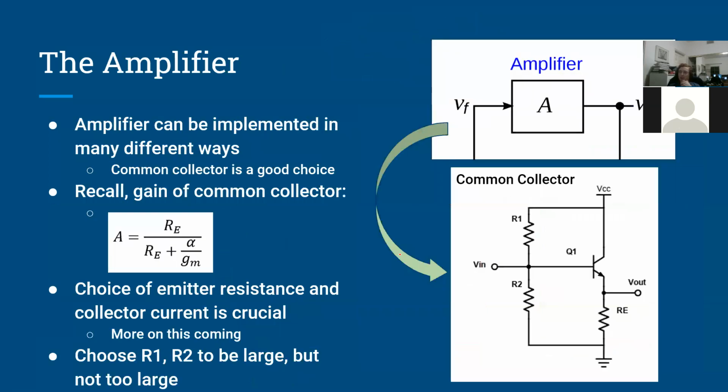Okay, so let's first talk about the amplifier. We talked about the common collector amplifier earlier. This is kind of the same equation that we had before for the gain, except I moved things around and used different variables.